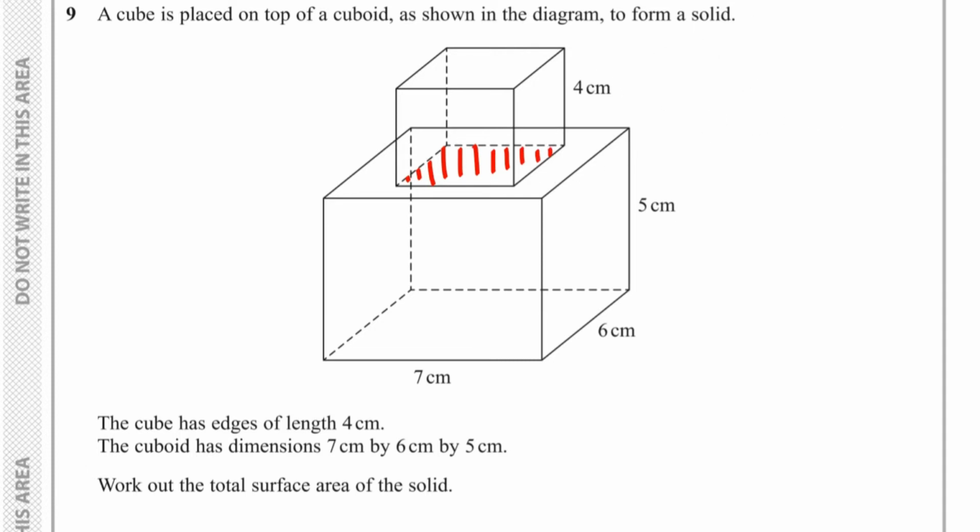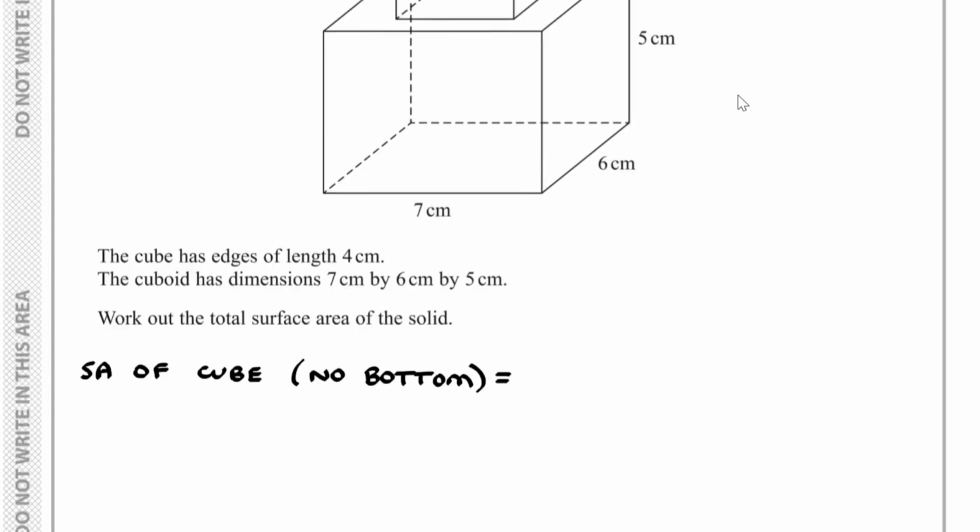So if we were to work out the surface area of the cube, excluding the bottom face, so that's with no bottom, we would have 5 multiplied by 4 times by 4, and it turns out we get 80 centimeters squared.